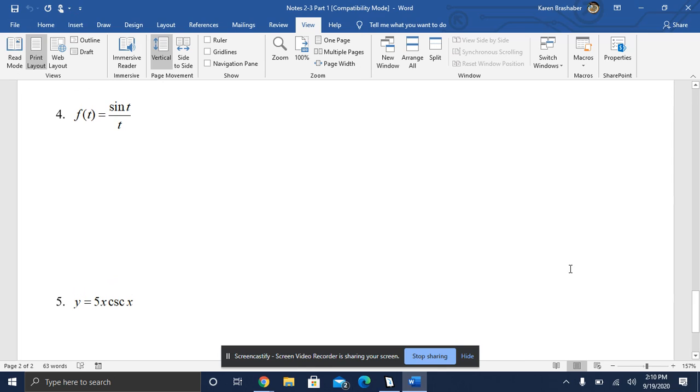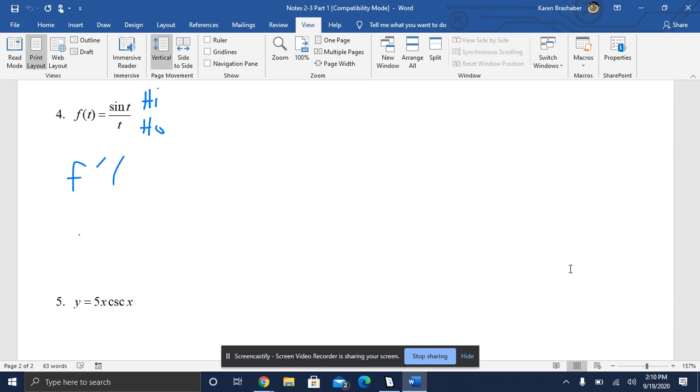So number 4, you have f of t equals the sine of t over t. That is a quotient. You cannot get rid of the quotient, so we'll have to do the quotient rule. We'll call the top high, the bottom ho, and it works like this.